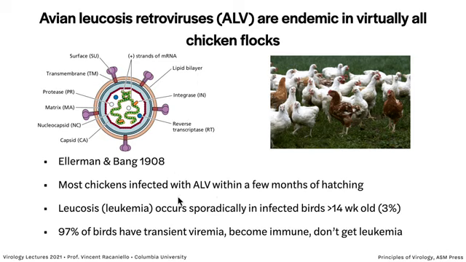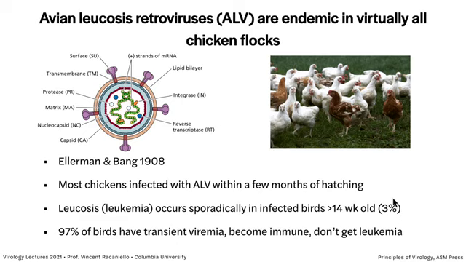And in fact, most chickens are infected with this virus within a few months of their hatching. Almost every chicken in the world. Can't get around it. And then leukemia, or leukosis, another word for leukemia, happens sporadically in about 3% of birds over 14 weeks. So, not every bird lives longer than that.